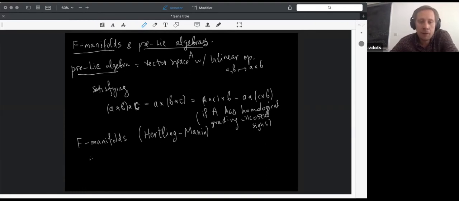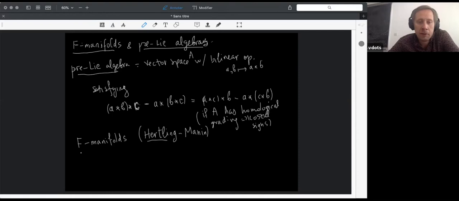I will focus on the algebraic aspects of the story, but geometrically F-manifolds are a slightly weakened version of Frobenius manifolds that naturally appear, for example, in singularity theory. There is a wonderful book of Klaus Hertling on singularity theory where there are many meaningful examples of F-manifolds that appear from studying singularities.